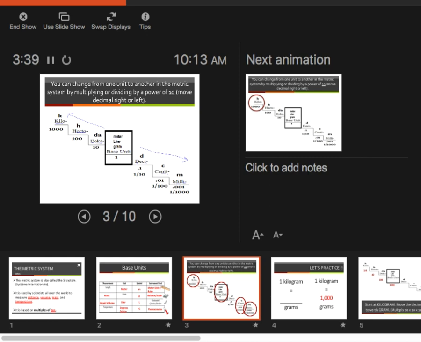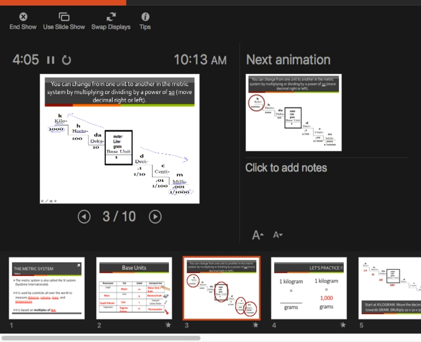You can see that a kilometer or a kilogram or a kiloliter is 1,000 times larger than the base unit, whereas the smaller millimeter, milliliter, or milligram is 1/1000th of a meter, liter, or gram. It's much smaller. Now, not all of these prefixes are used all of the time.